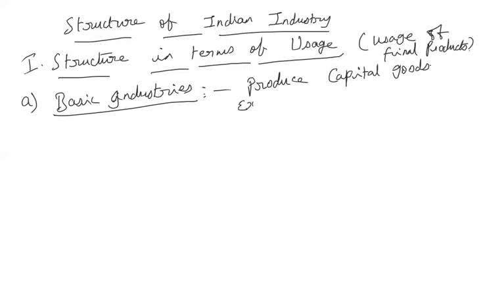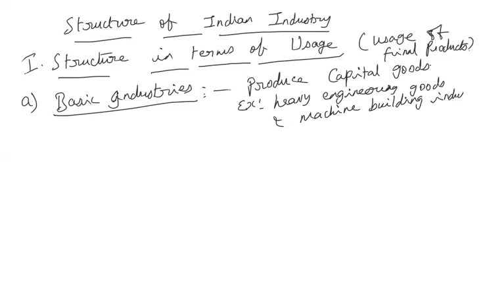For example, all the heavy engineering goods and machine building industries, all the industries that are building the machines. They are called the basic industries. So to produce any commodity, we need the machinery. So any industry that is producing that machinery is called a basic industry.